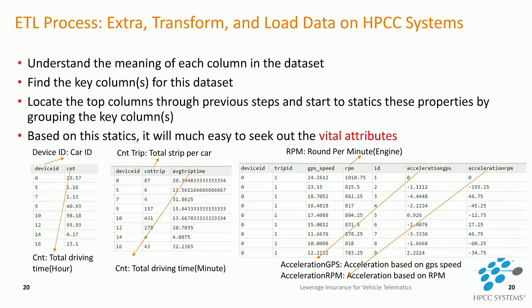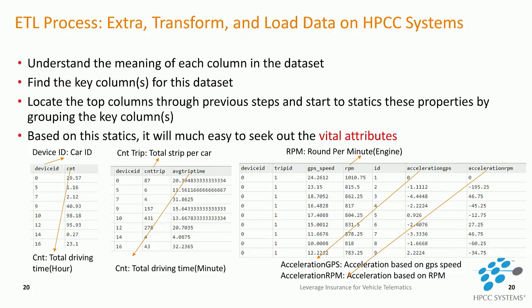After we have acquired the telematics data, we begin the ECL process. It's quite important to understand the meaning of each column in the data set. This will help us to find the key columns for the whole data set.